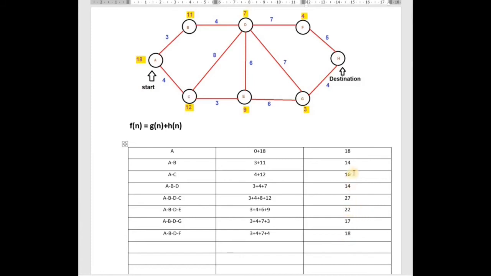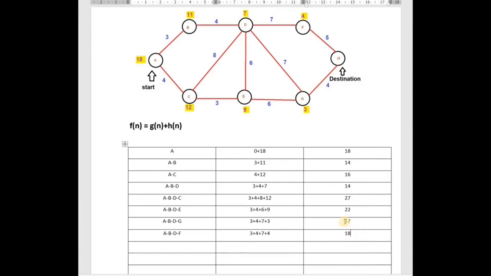From this chart, I am getting A, B, D as 14, and 18, 17, 22, 27 for the others. When I consider from the node D, I am getting the values of 27, 22, 17 and 18.